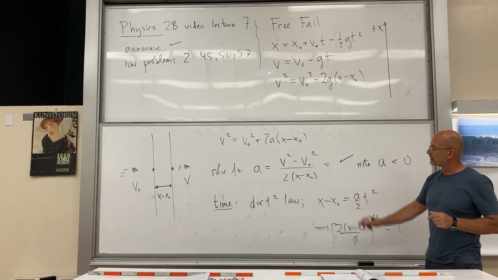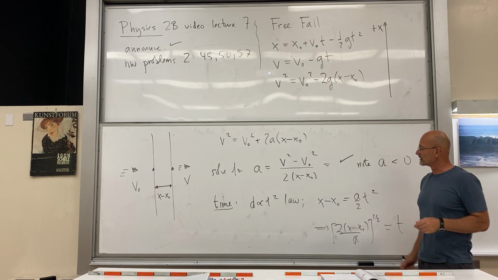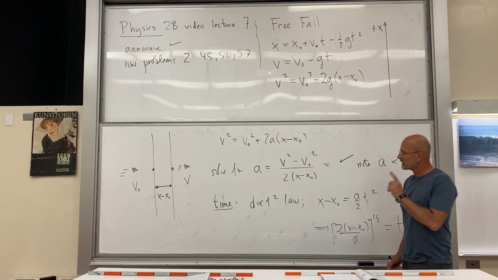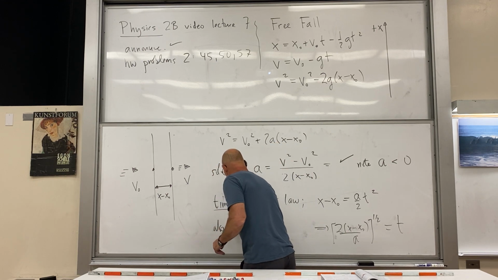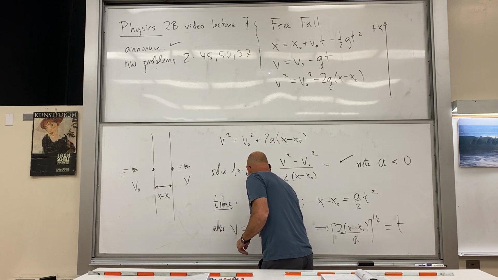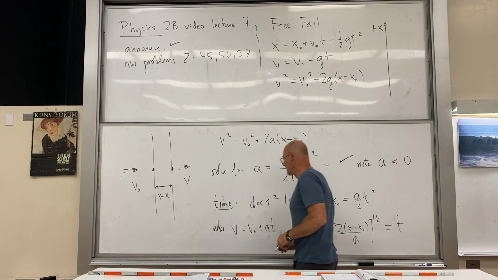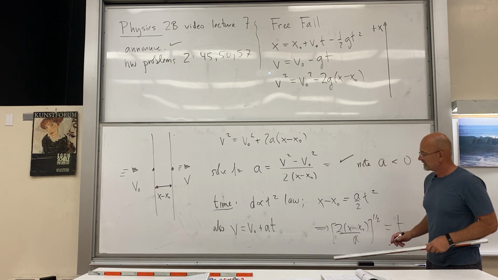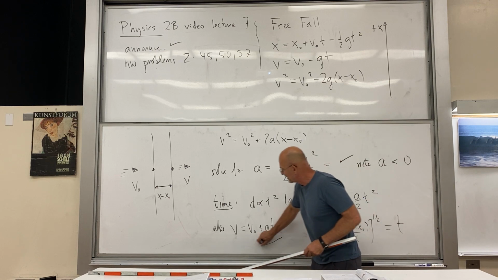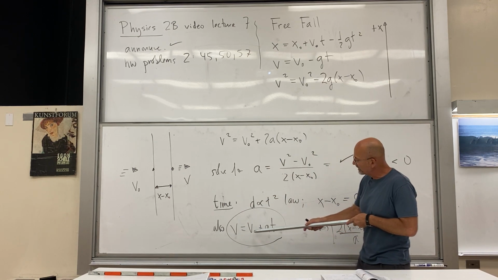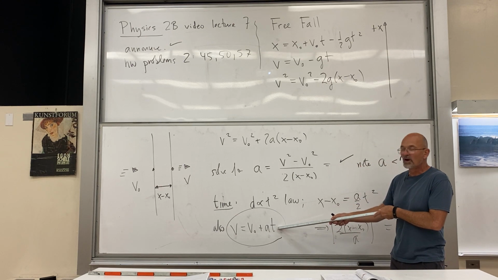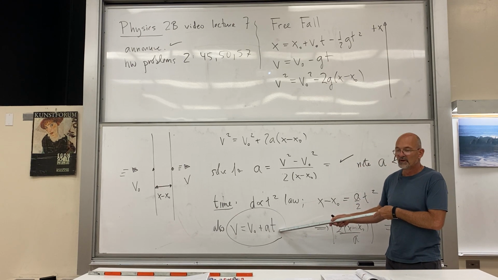There's another way, by the way, but I'll go ahead and leave it this way. I could also say v equals v0 plus a times t. And in that case, since we know these two speeds and we just found the acceleration, we can solve for the missing time that we're asked for.